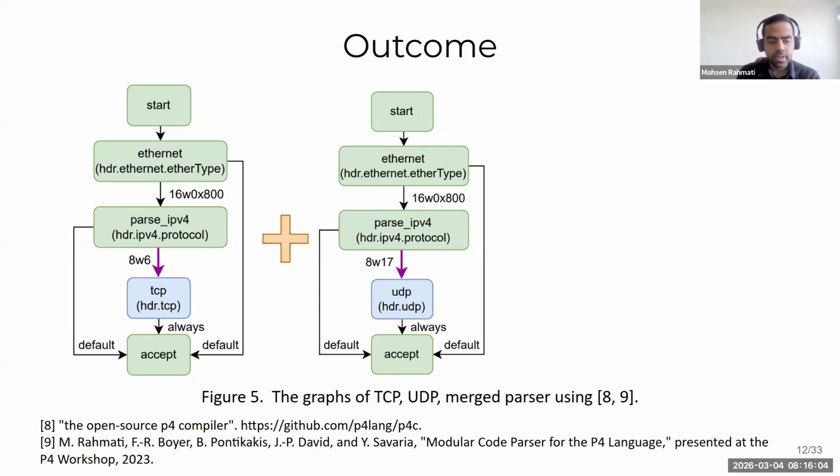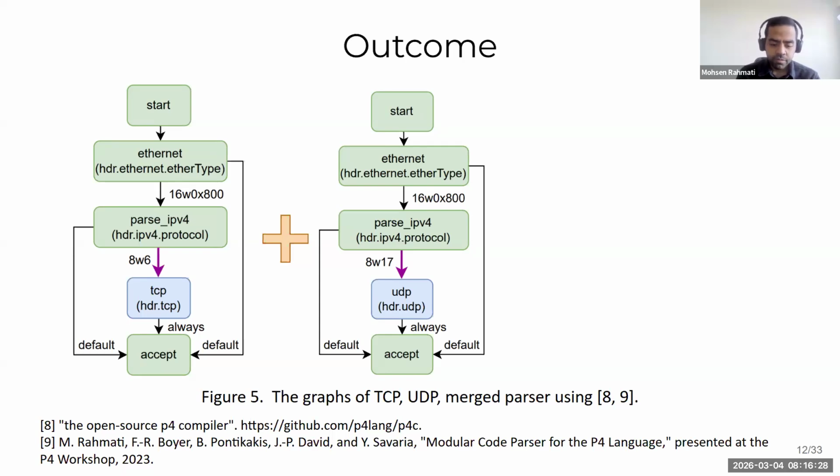For example, as an equivalent node, we consider two nodes with the same transition number, the same header they extract, and also the same transition number of children of that node. So in that situation, two nodes are equivalent.